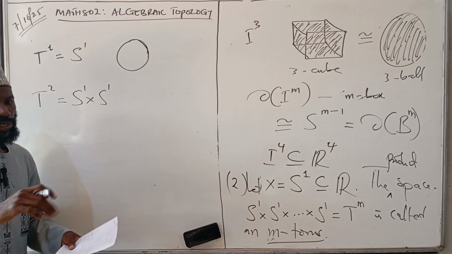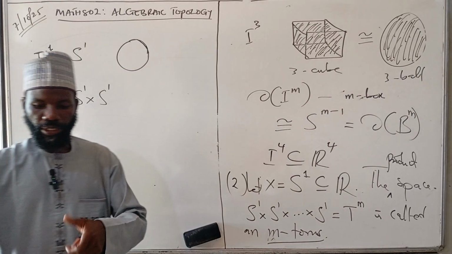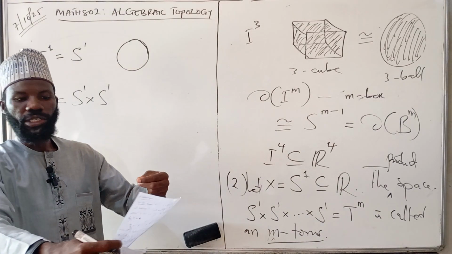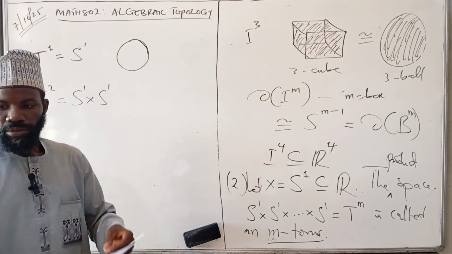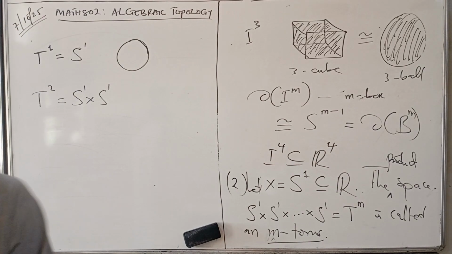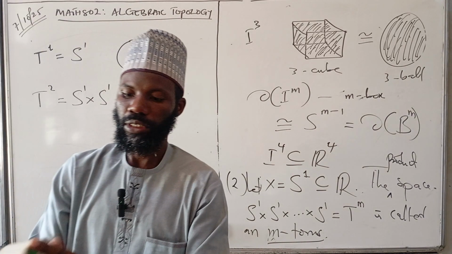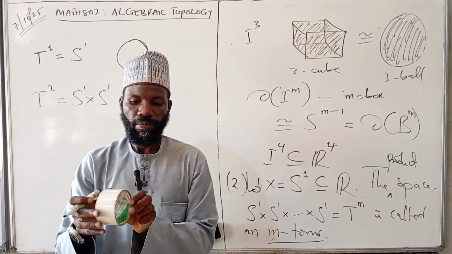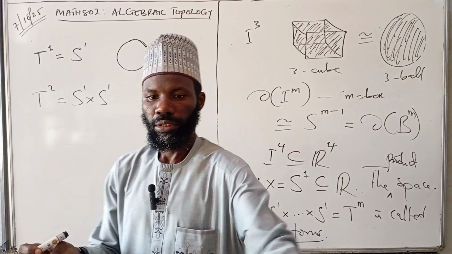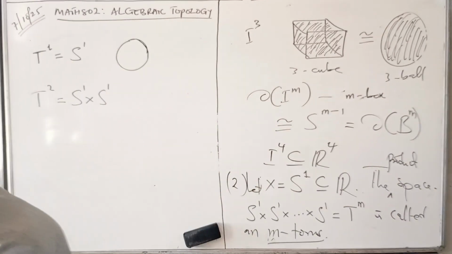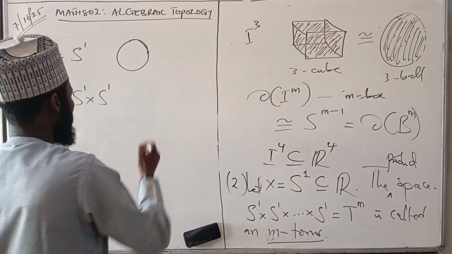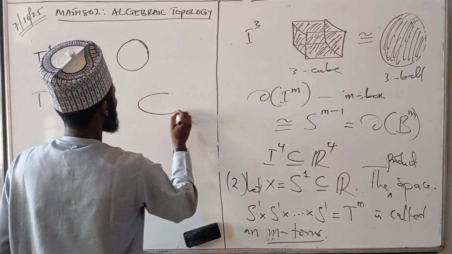You take a cycle in 3D and rotate it. Imagine you have a cycle like this.